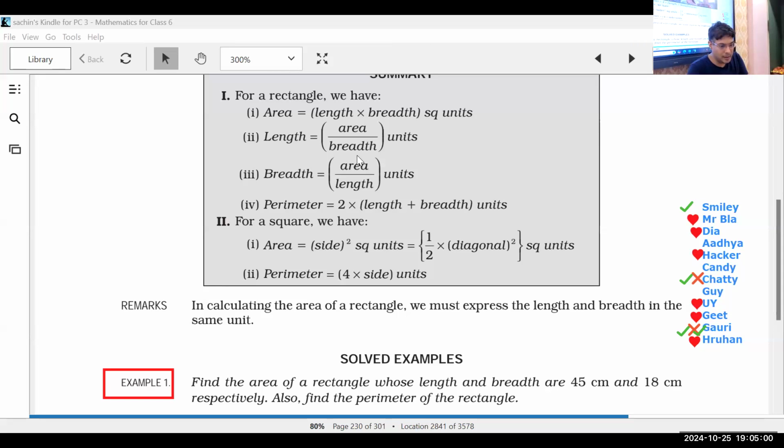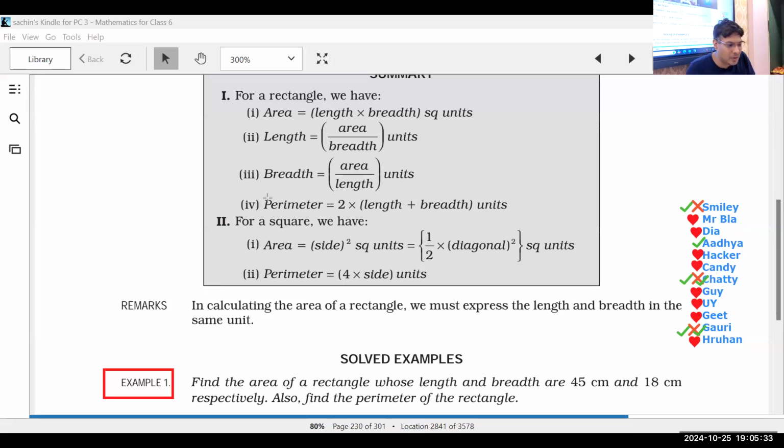Adya, please send your answers. Sending right now. All right, guys, so everyone got it correct.